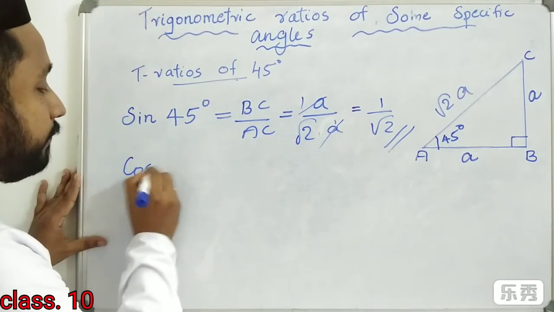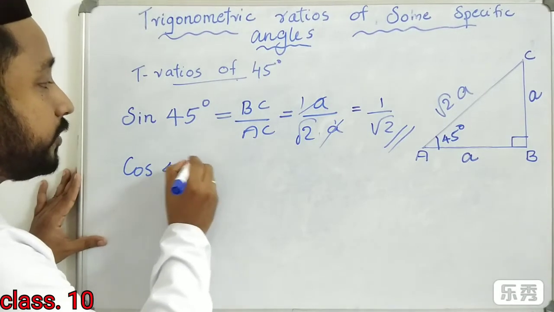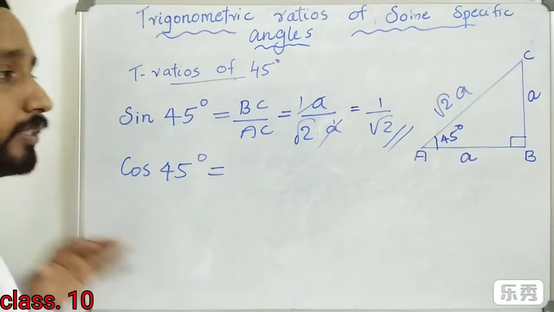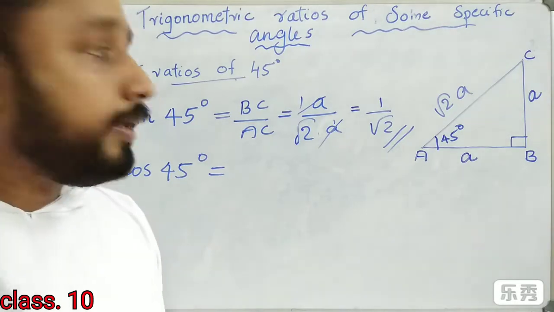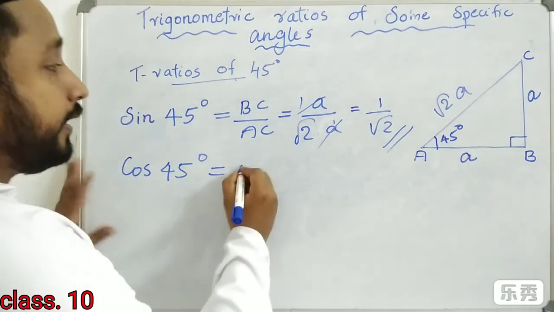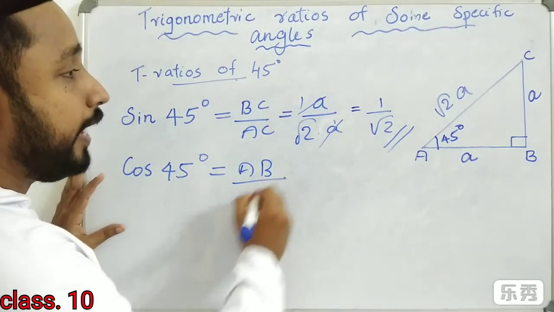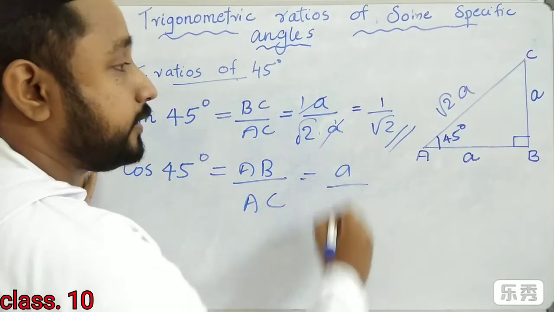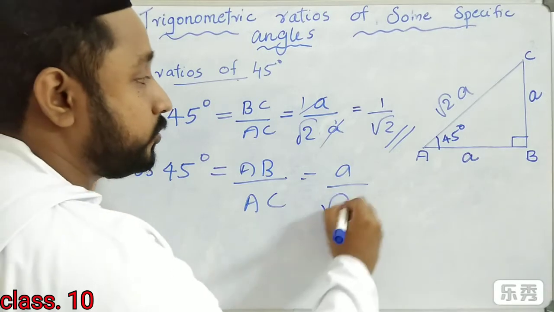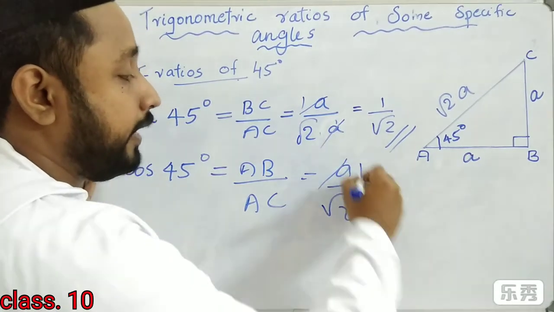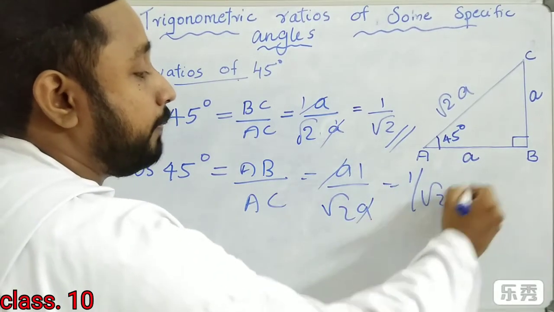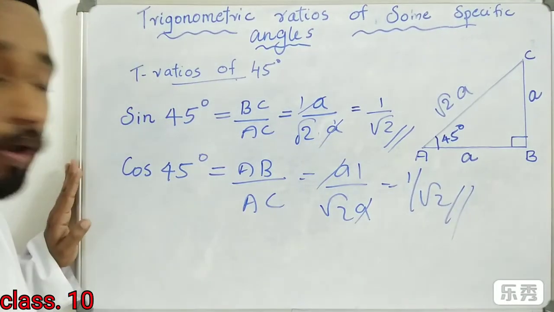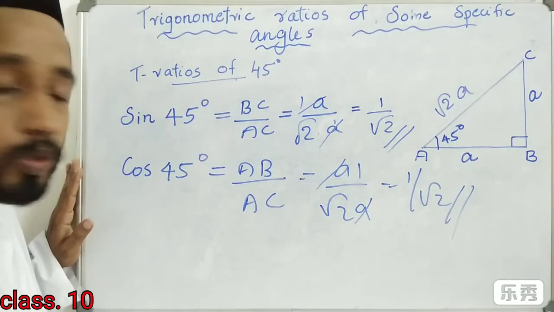Next, cos 45. Cos 45 degrees is equal to, what's the formula? Adjacent side by hypotenuse. Adjacent side AB by hypotenuse. AB is a and AC is root 2 a. We can cancel a and a, and we also get 1 by root 2. So cos 45 is also 1 by root 2.